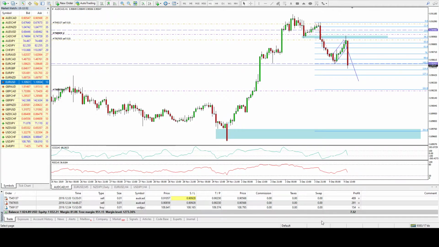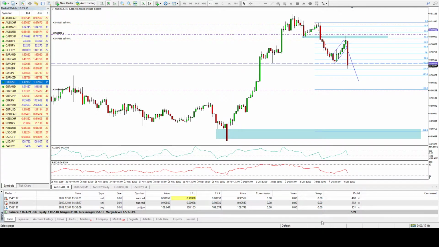And if I see the opportunity again, I will enter again. But for now, I'm not gonna lose whatever profit I got on this one. I'm tracing it with 40 pips.